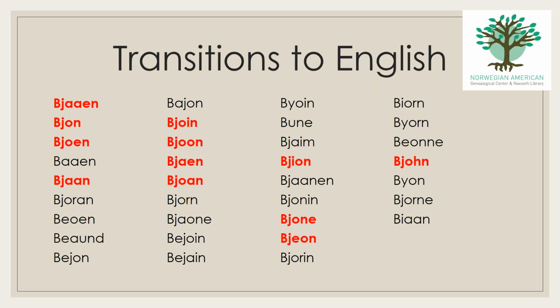The ones here that I have highlighted in red are clearly an attempt to deal with the fact that the letter O, that A with a circle over it, does not exist in English. So they're using the B, the J, the N, and they're cramming a whole wide assortment of vowels in between there to try to equate that Bjorn pronunciation without using that Norwegian vowel.